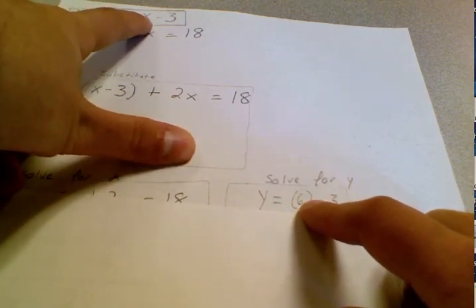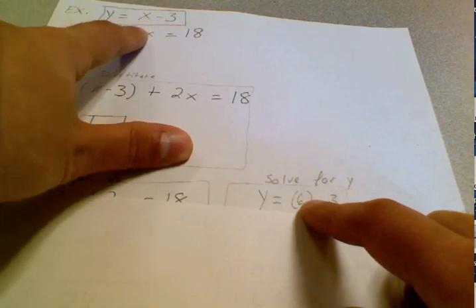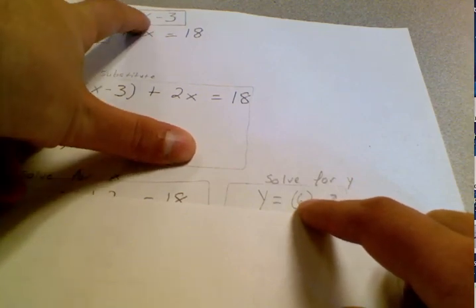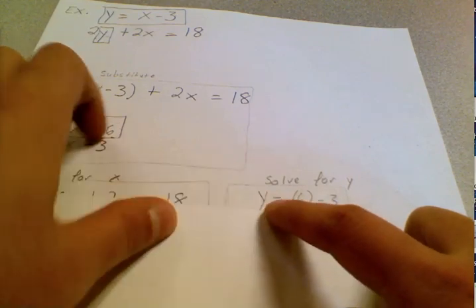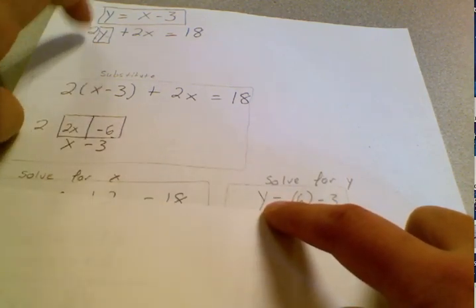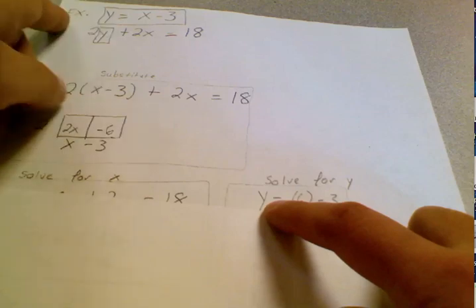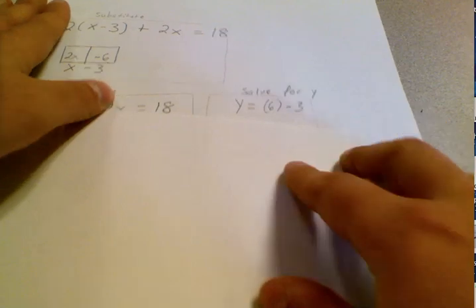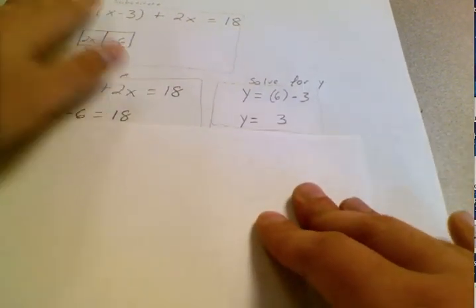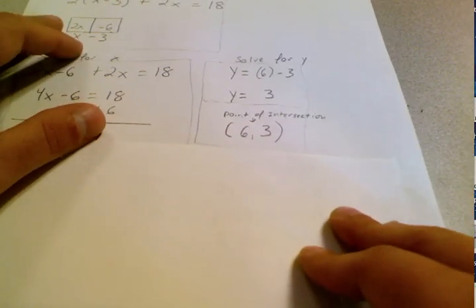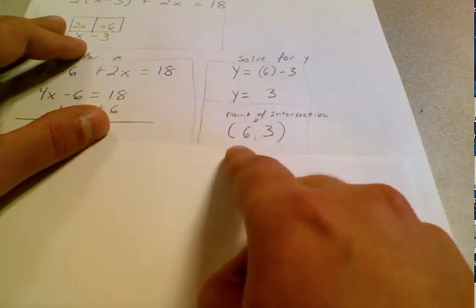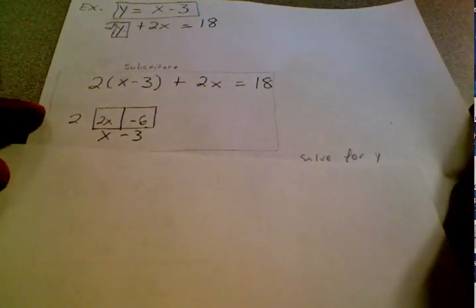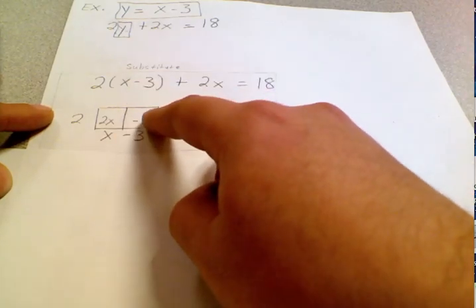Now I'm going to solve for y. It doesn't matter which one I use here, but the top one looked a little easier. So now I see that 6 minus 3 is equal to 3. And so my point of intersection is the point 6, 3. Again, the only different step today was this first step where I needed to substitute.